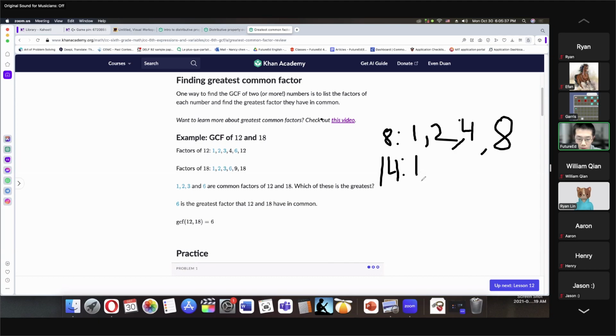So there's 1. Does 2 divide 14? Does 2 divide 14, Ryan? So if you took 14 divided by 2, would you get an integer answer? So what's 14 divided by 2?